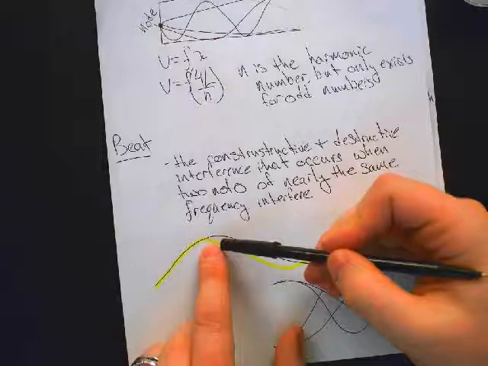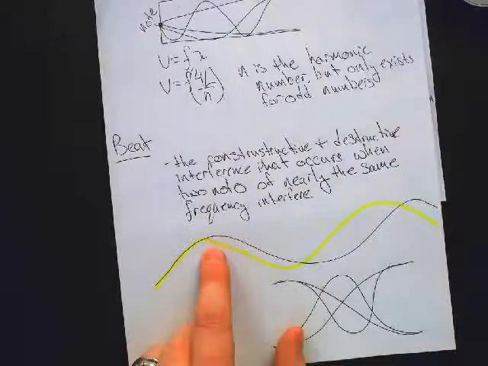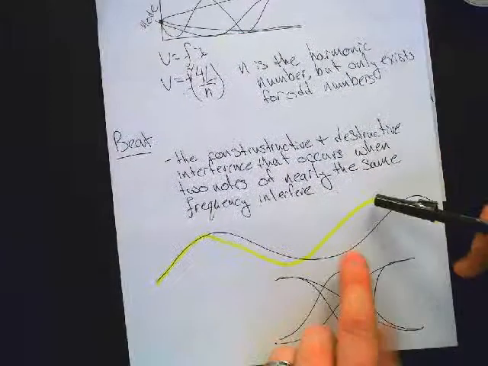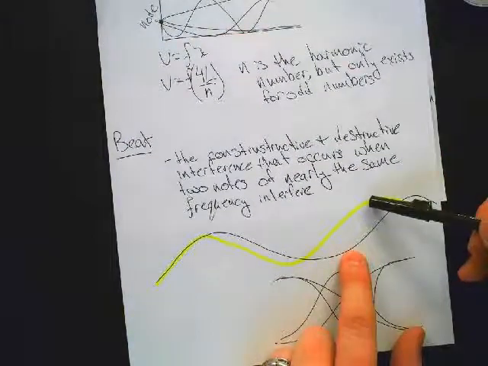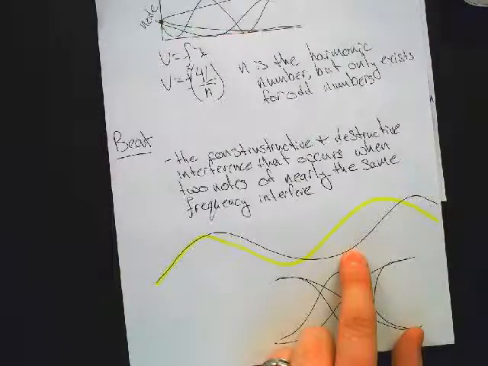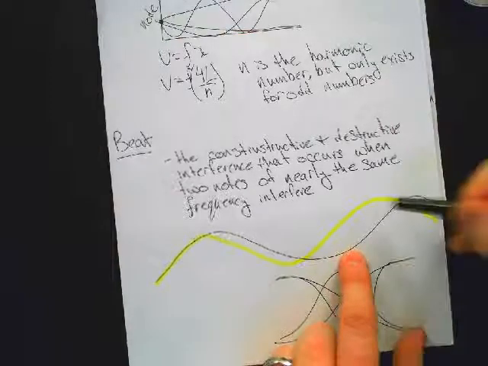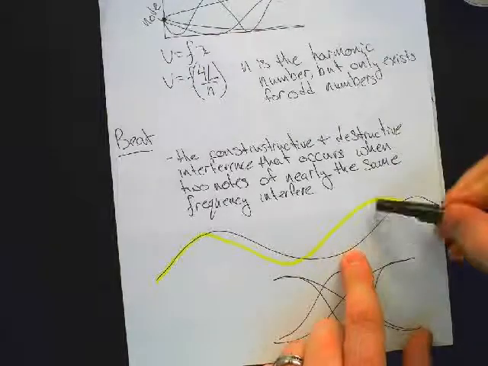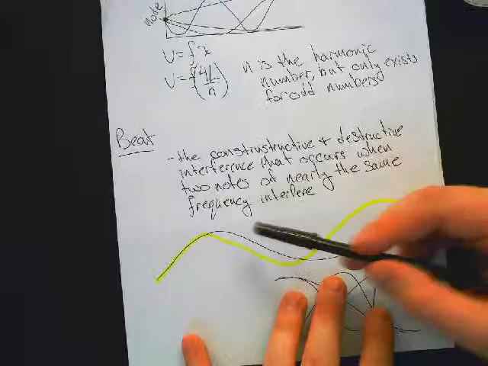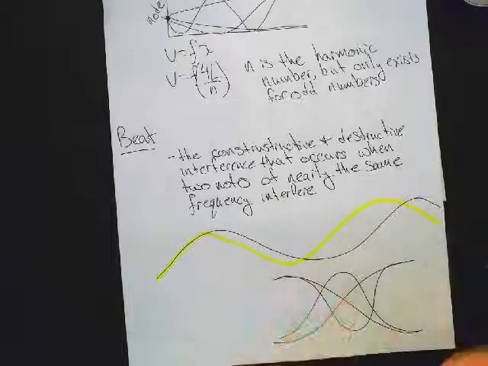We would get a louder note, which is the portion that sounds louder when you're trying to tune. And then when we start to get a crest and a trough lining up, or a rarefaction and a compression for the longitudinal wave, we start to hear it get quieter. So that produces that wah, wah, wah sound when you are trying to tune two instruments that are nearly the same frequency.